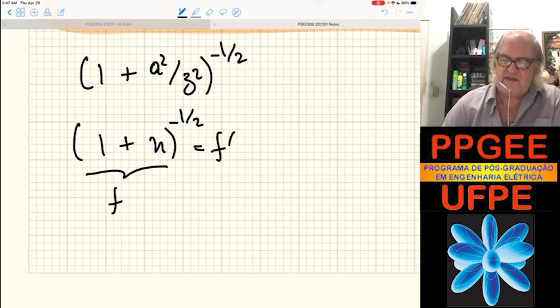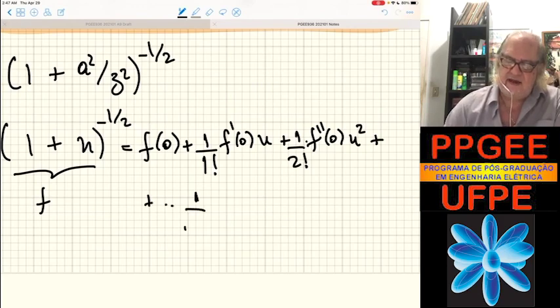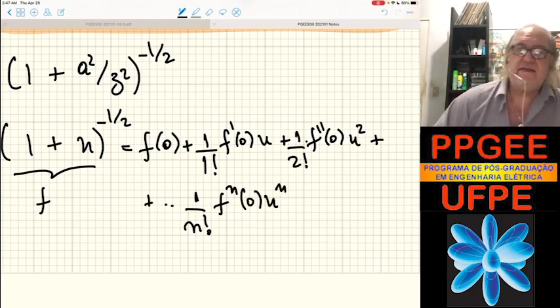This is f of 0 plus 1 over 1 factorial, first derivative times u, plus 1 over 2 factorial, second derivative at 0, times u squared, plus 1 over n factorial, nth derivative times u to the n power, right?